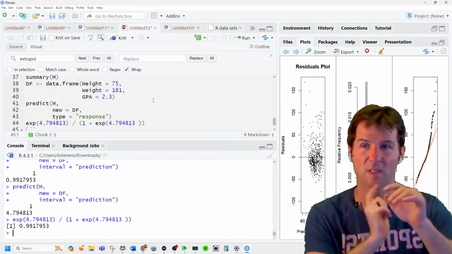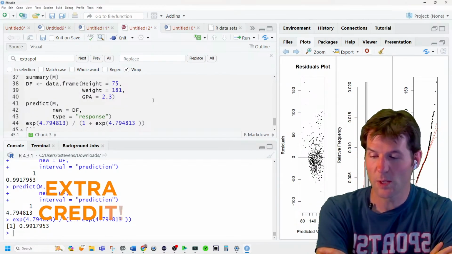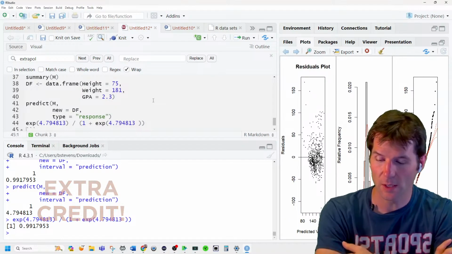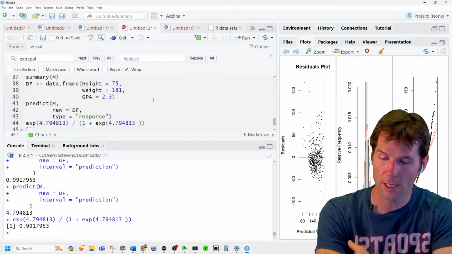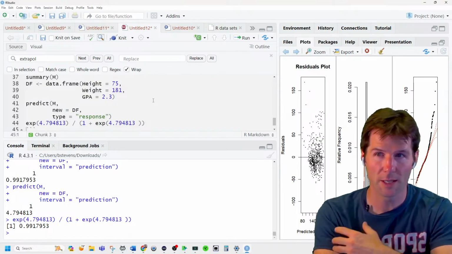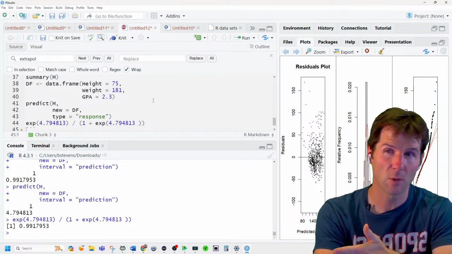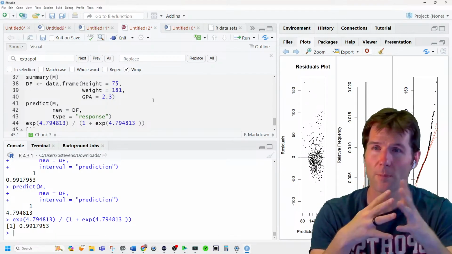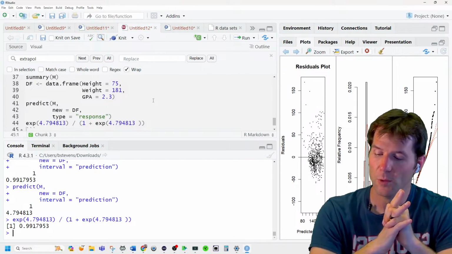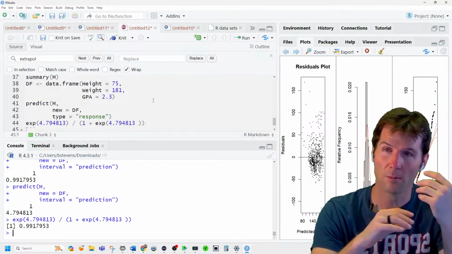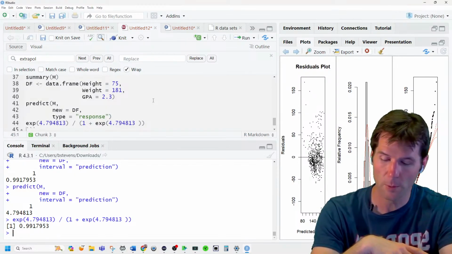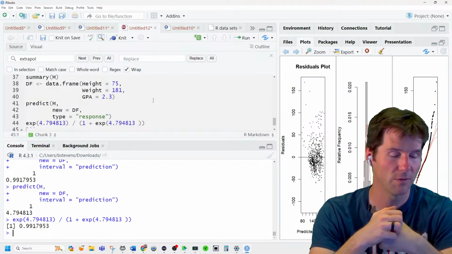Logit. The logit is what you get when you solve the equation itself, and if you don't do type equals response, you will get the logit, which is the solve of the equation. If you go through and solve the equation mathematically, you get the logit. If you input it into e raised to over 1 plus e raised to, you get the actual predicted value.